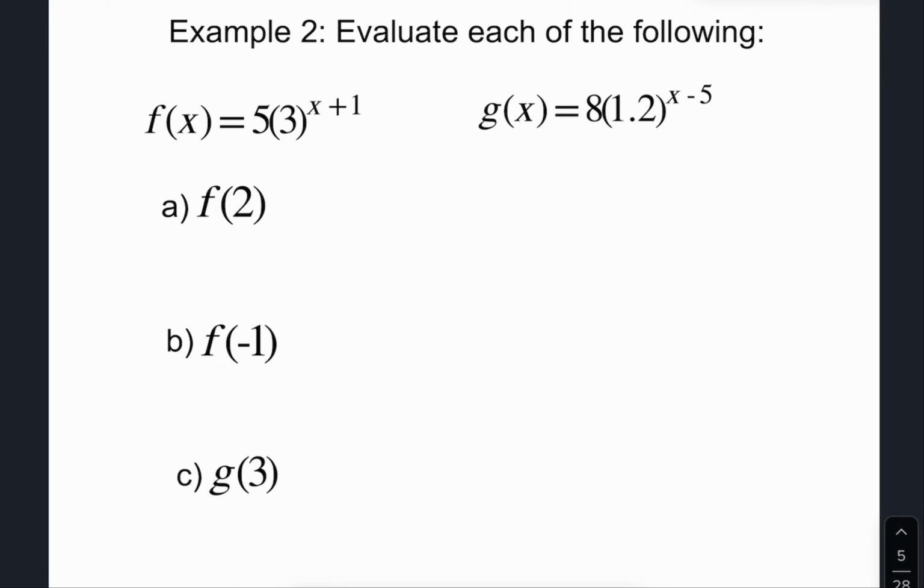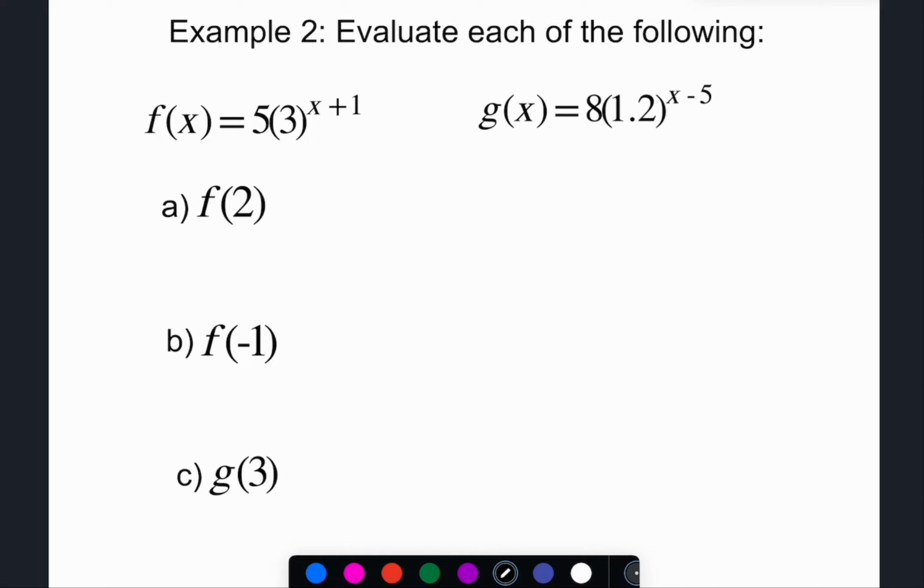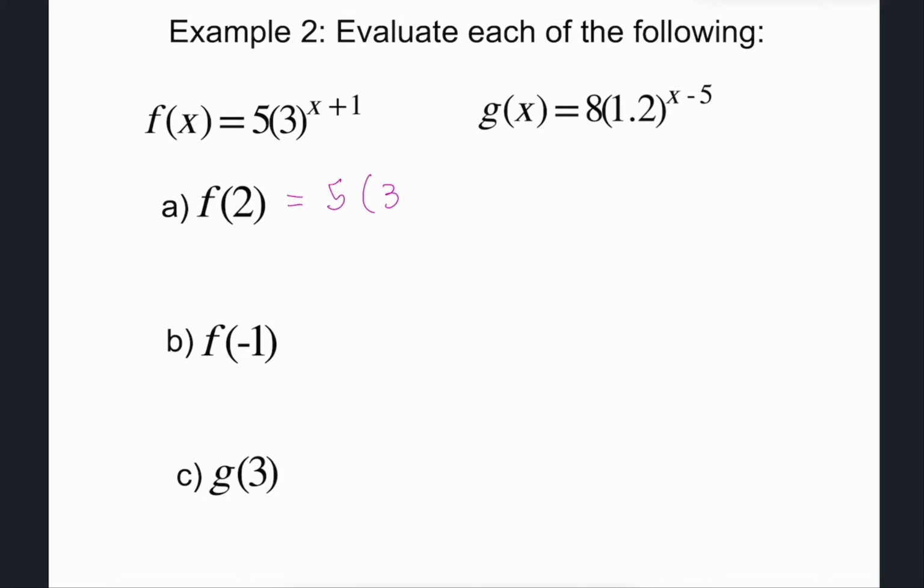Now, let's practice using our exponential functions. So here we have an f of x and a g of x function. Let's use each one of them. So in our first one here, we are going to plug 2 as our input into our f function. So that's going to be 5 times 3 to a power of 2 plus 1. Now let's remember our rules of order of operations. Let's simplify the power down first.